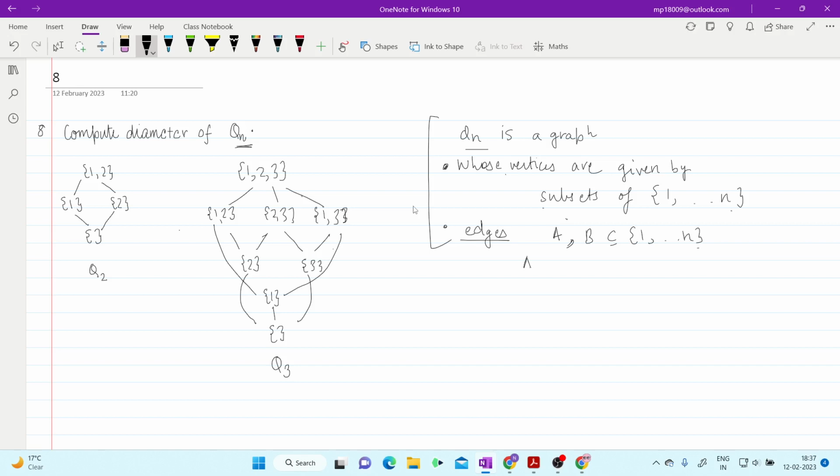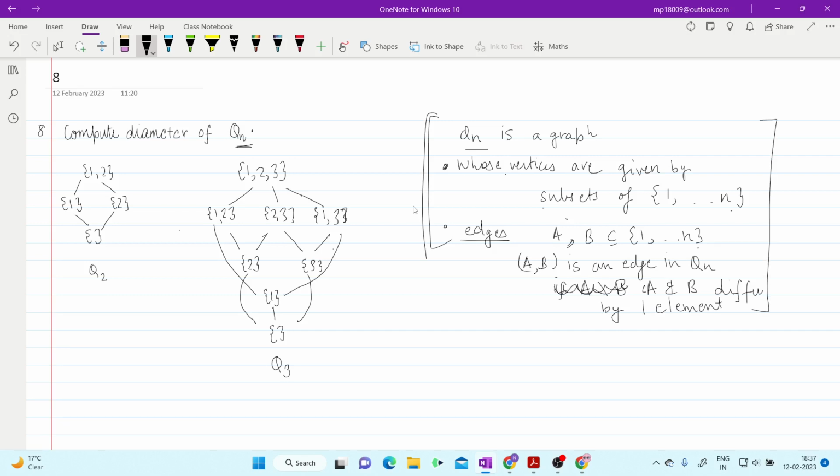AB is an edge in Qn if A minus B, basically if A and B differ by one element. So this is Qn. You see I have drawn two examples.